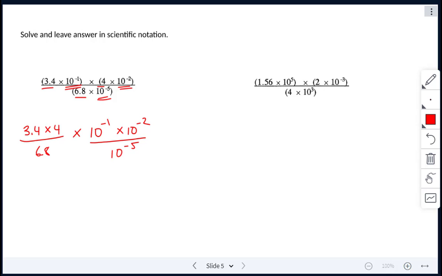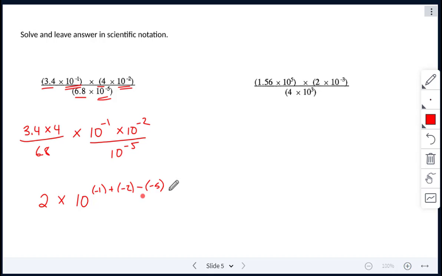All right, so 3.4 times 4 divided by 6.8, that gives you 2. And then for our exponent for times 10 to the power of, we're going to add negative 1 plus negative 2, and then subtract the negative 5.